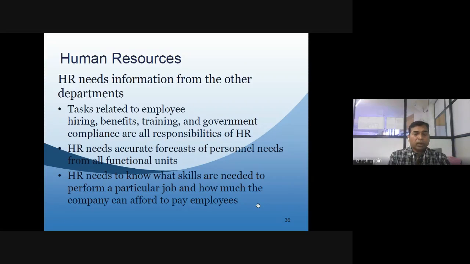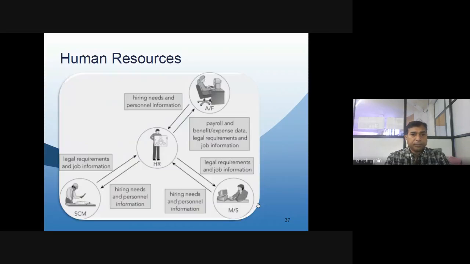Who knows accounting very well. Similarly, marketing people will be looking for the marketing graduates. So what kind of a skill they are looking, and what is the standard of payment, both should be known to the HR department. All functional areas need to send that information to HR.